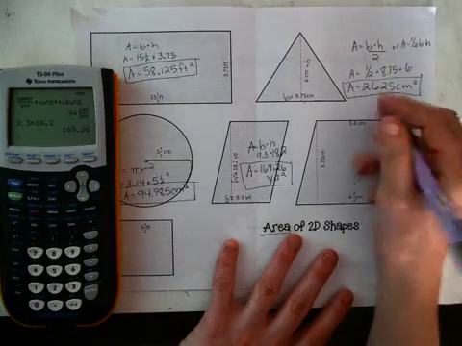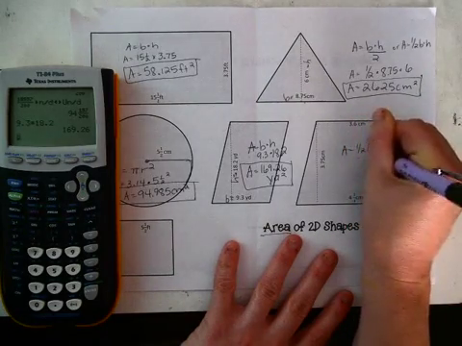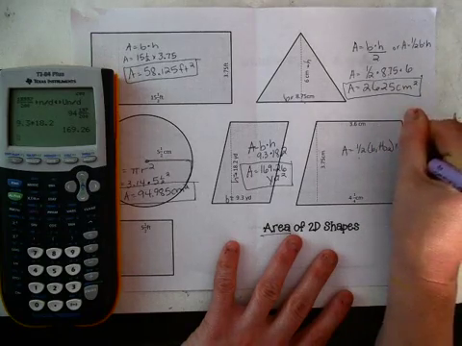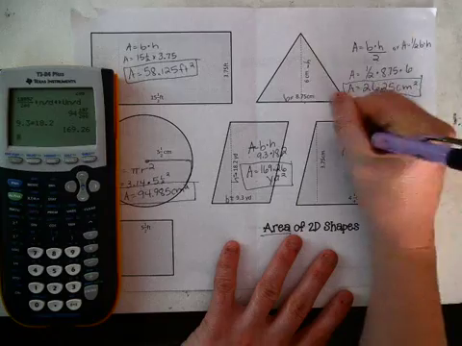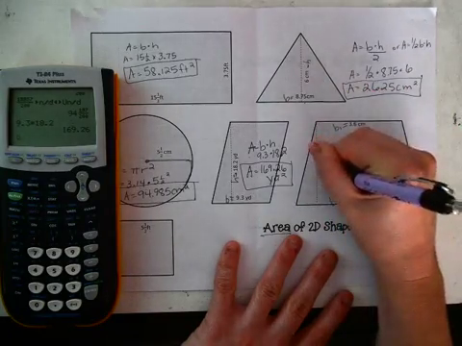Okay? This is a trapezoid, so the formula is 1/2 B1 plus B2 times height. This is B1, this is B2, this is the height.